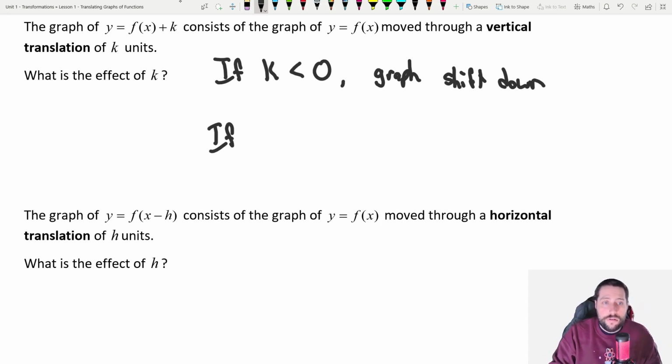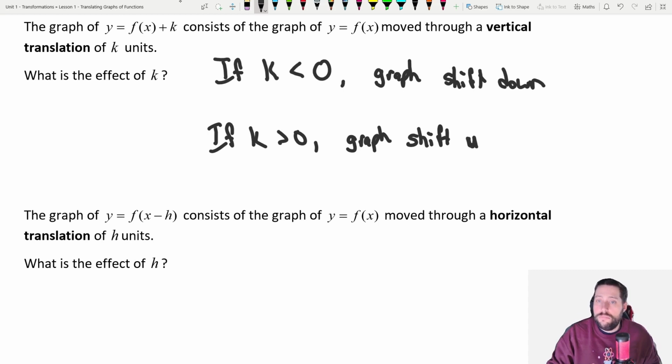If k is greater than 0, the graph will shift up. So if k is less than 0, the graph will move down, and if k is greater than 0, the graph will move up. So you're essentially doing whatever it's telling you to do. If k is positive, you move it up. If k is negative, you move it down. You do exactly what it says.